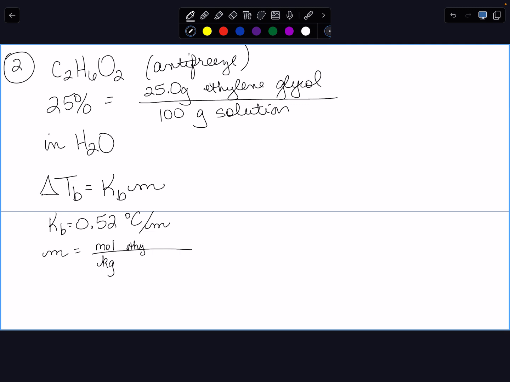So it's moles of ethylene glycol over, what's the solvent? Water. We don't have the molality. What are we going to need to do to calculate it? We're going to have to take the grams to moles for the ethylene glycol first.